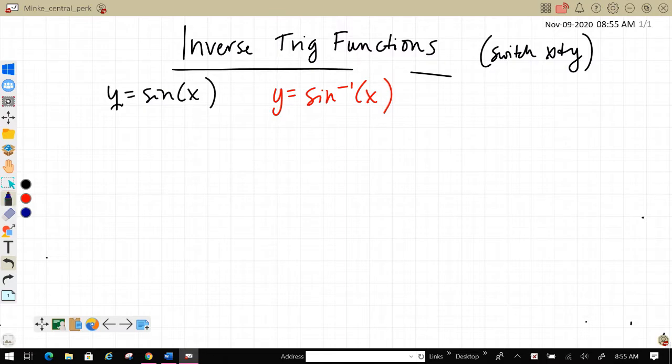Now before I get into the actual graph, just so y'all know, a better way to write this is to do this. These are sometimes called the arc functions: arc sine, arc cosine, arc tangent. A lot of people in higher level mathematics do this and think it's superior.